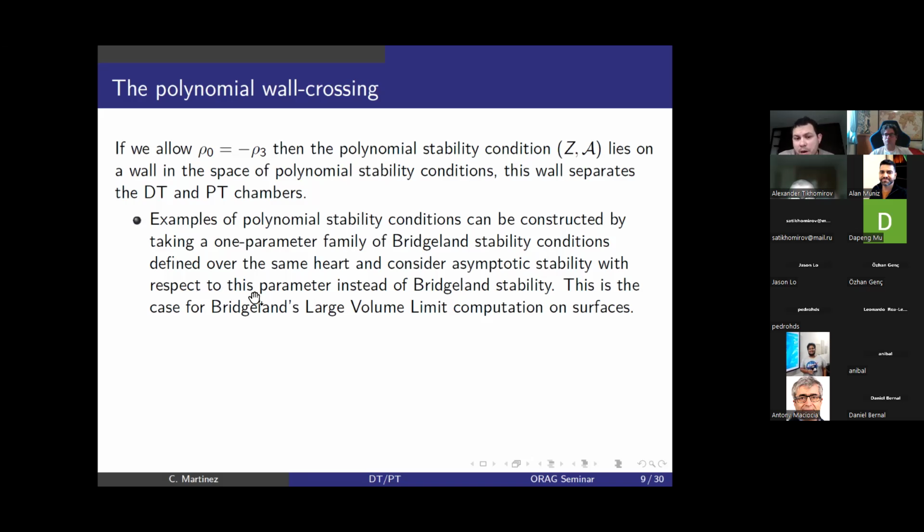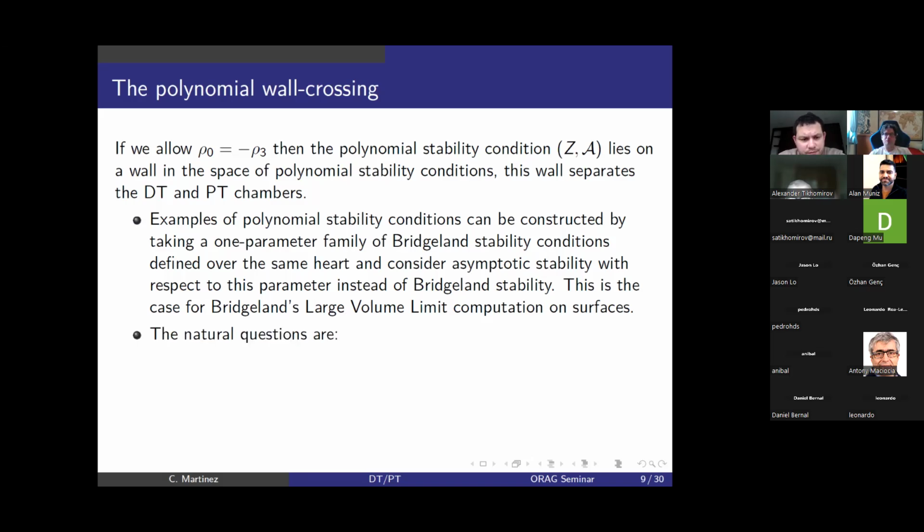Then we can take a one-parameter family of Bridgeland stability conditions, defined perhaps over the same heart, and consider what happens asymptotically when we let this parameter vary. This is the case in one of his first papers on Bridgeland stability conditions. Bridgeland proves that in this large volume limit, when he fixes a heart, makes one parameter go to infinity and sees what happens asymptotically, this is related to the Gieseker moduli space.